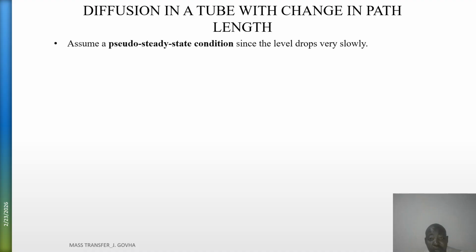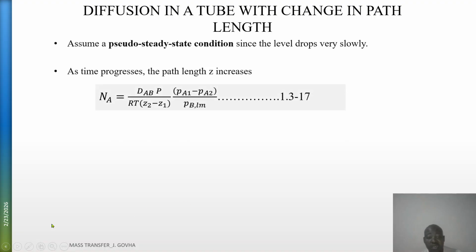For us to be able to derive this, let's assume pseudo steady state conditions, since the level drops very slowly.